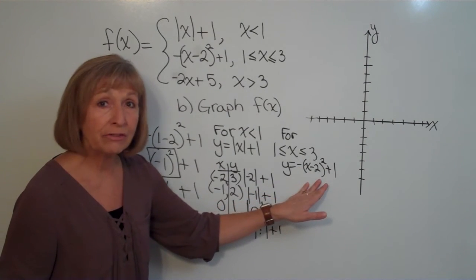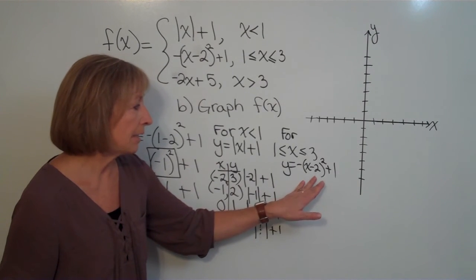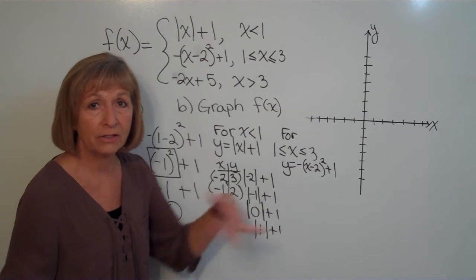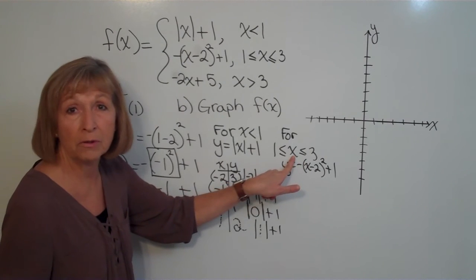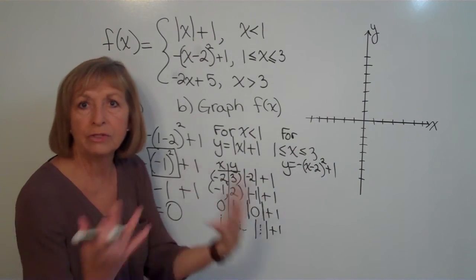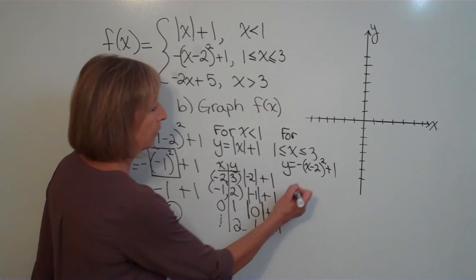And it's actually in vertex form. The vertex of this parabola is going to be (2, 1). So I see (2, 1) as my vertex. 2 is a number that's between 1 and 3. So I could use that information about the vertex in order to get a nice picture of the parabola.